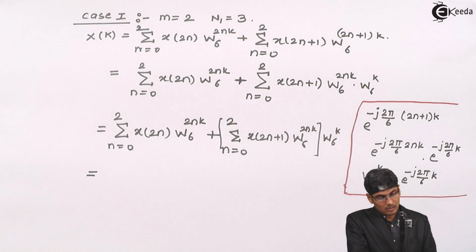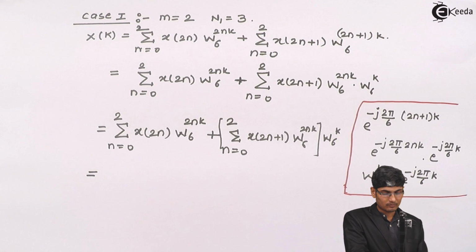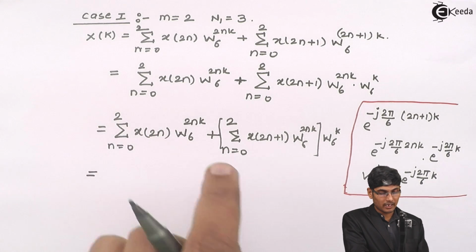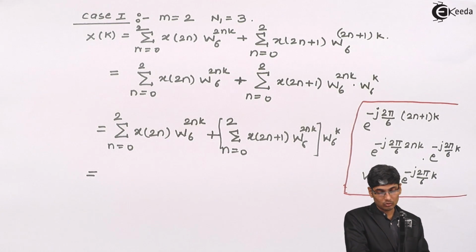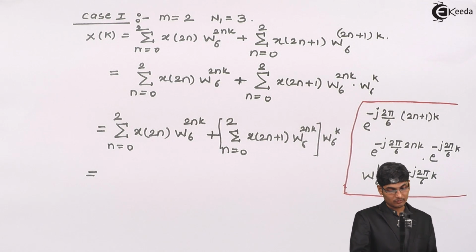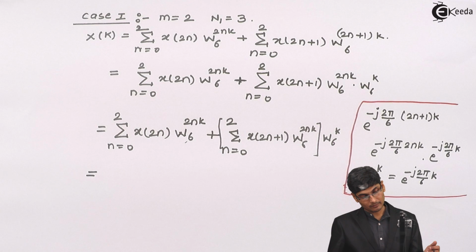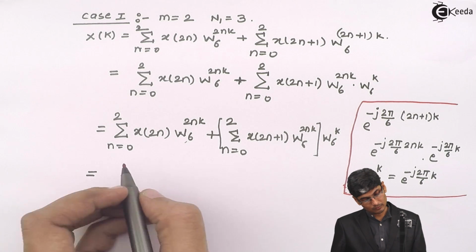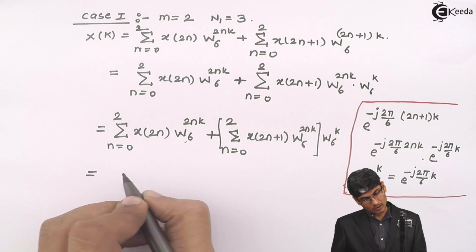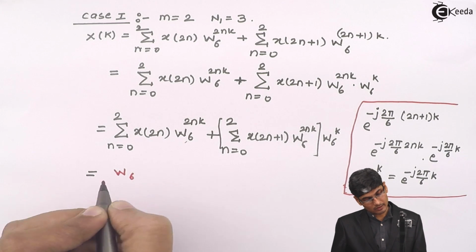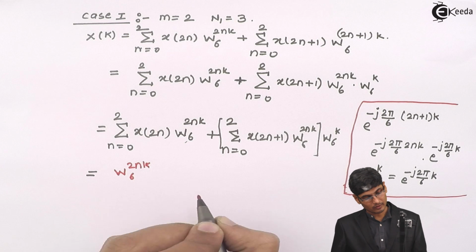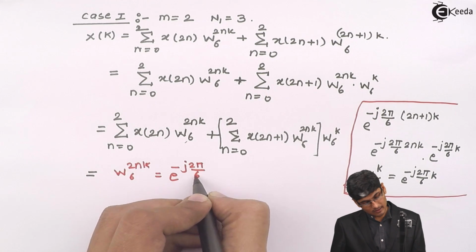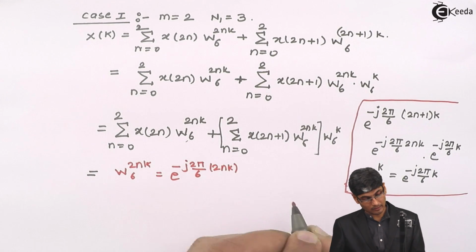Okay. Now, to bring it into the DFT formula, I want the n to match this n. For the matchup of this n, we will bring this 2 down. How to do that? Again, for your reference, I will show here how to do that. We take w 6 raised to 2nk, which is equal to e raised to minus j 2 pi by 6 into 2nk.